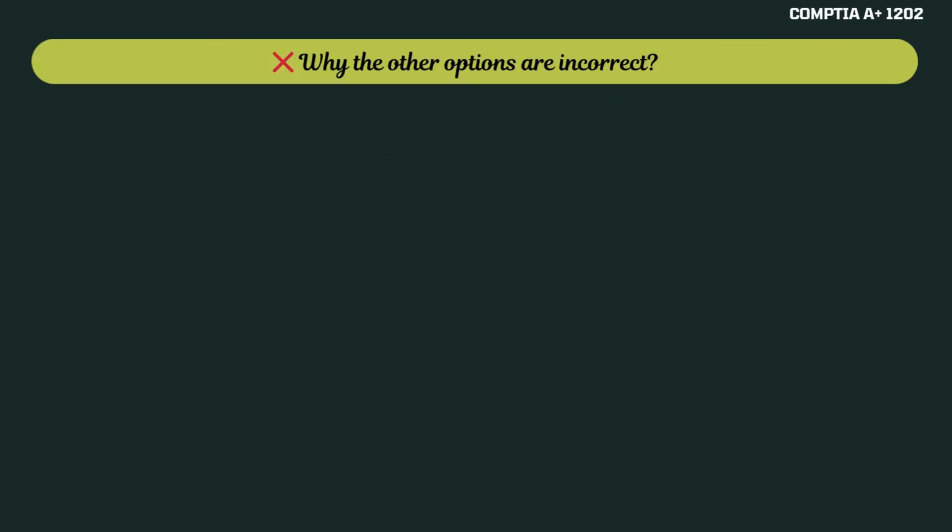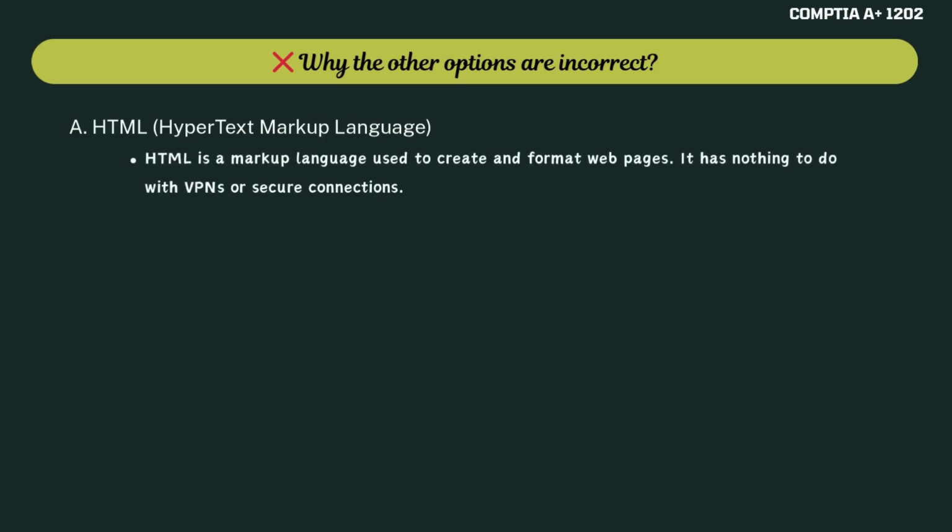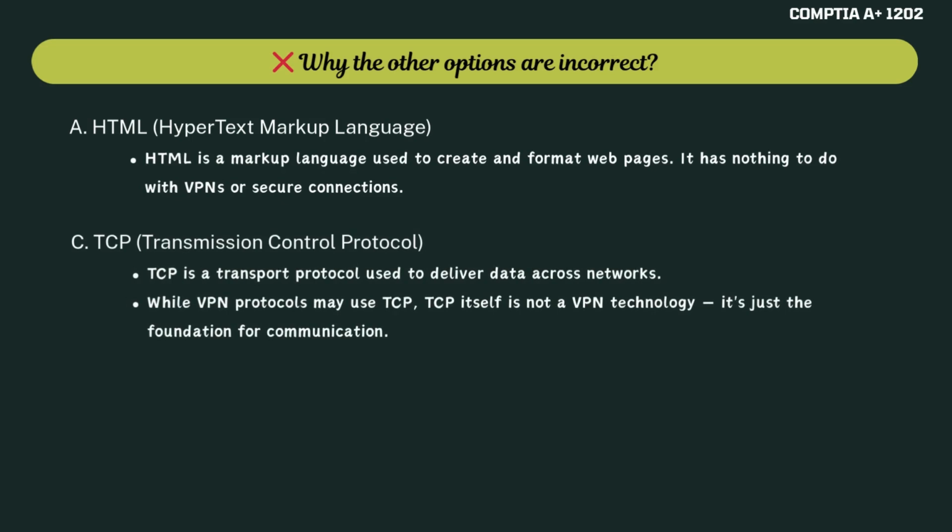Why the other options are incorrect? A. HTML. HTML is a markup language used to create and format web pages. It has nothing to do with VPNs or secure connections. C. TCP. TCP is a transport protocol used to deliver data across networks.